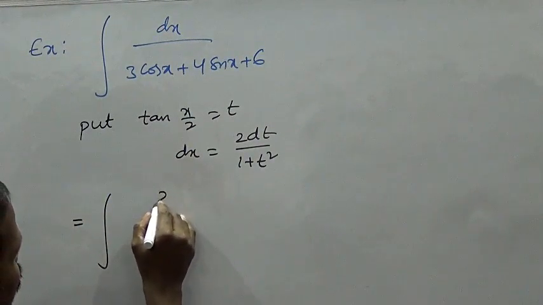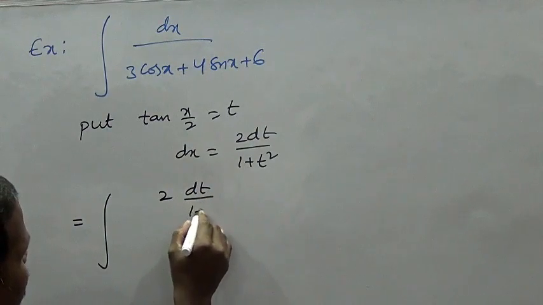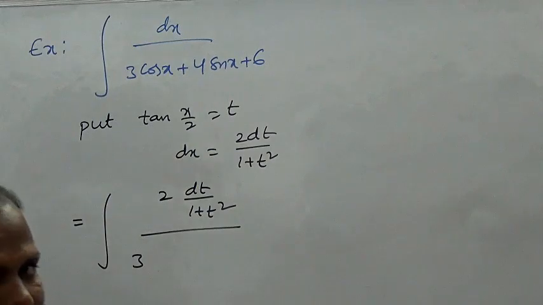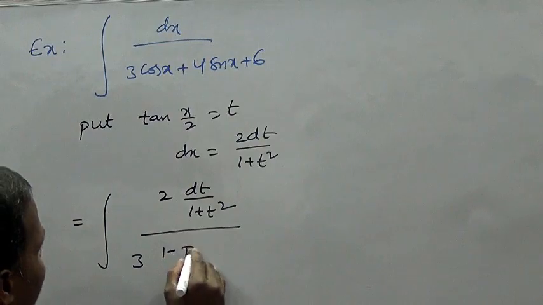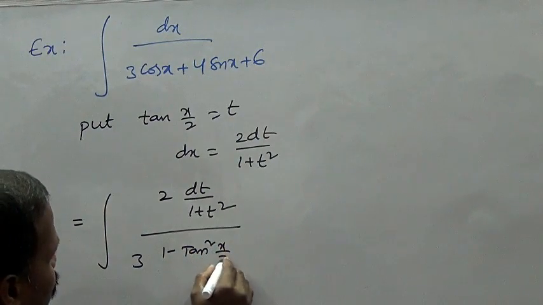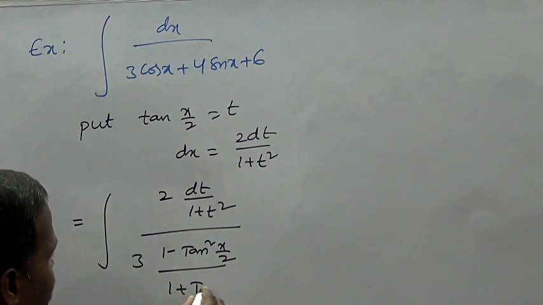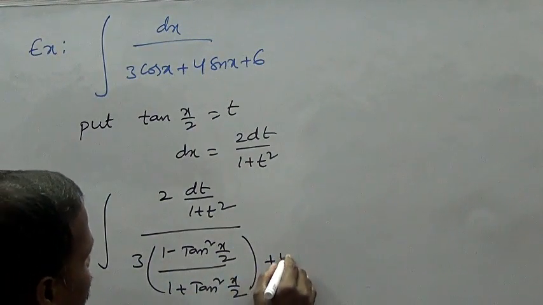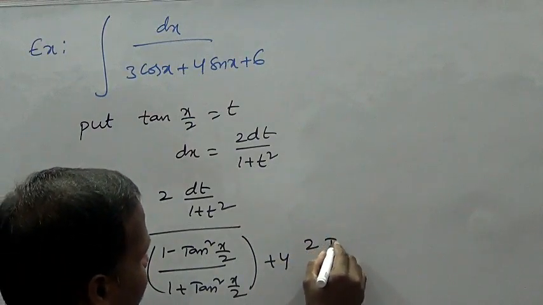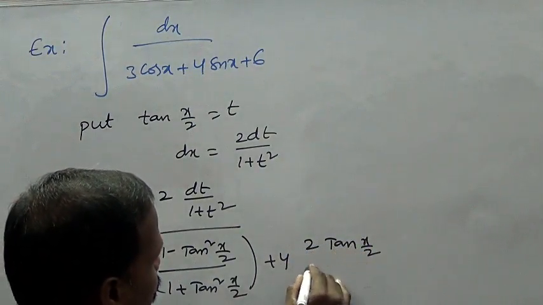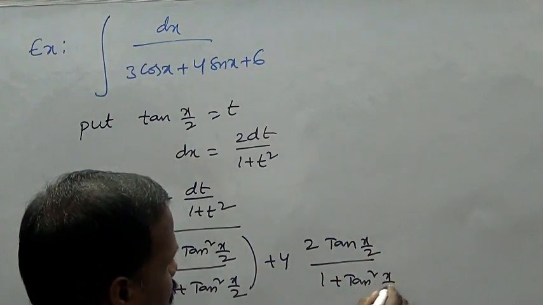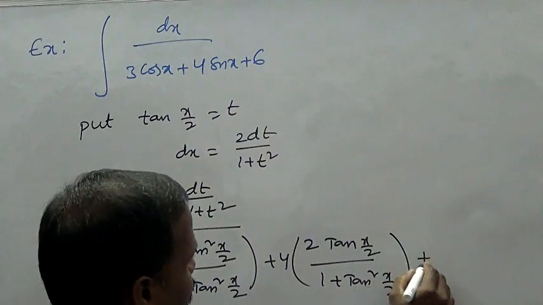So dx is 2 dt by 1 plus t square, by 3 into cos x, which can be written as 1 minus tan square x by 2 by 1 plus tan square x by 2, plus 4 into sin x, which can be written as 2 tan x by 2 by 1 plus tan square x by 2, plus 6.